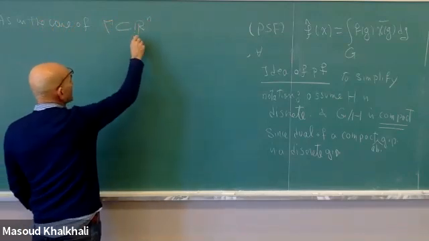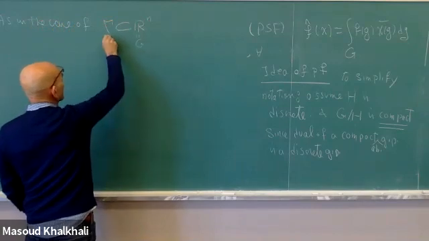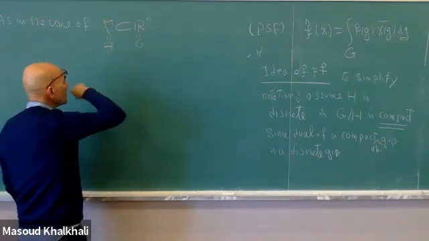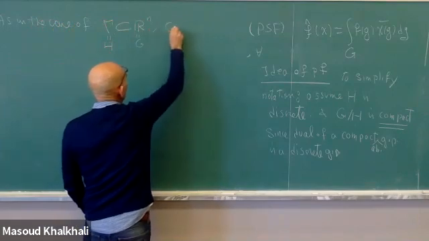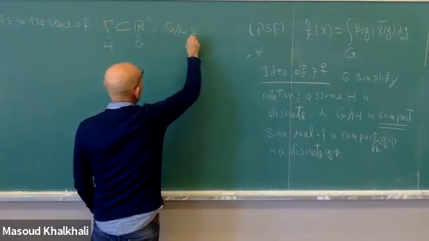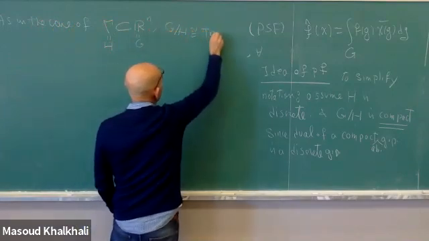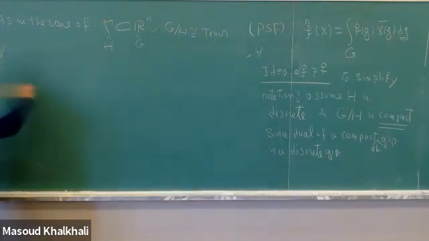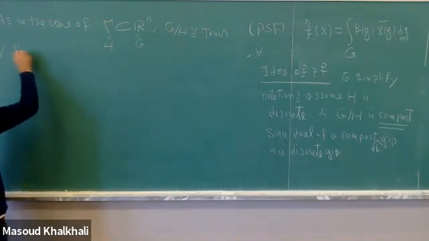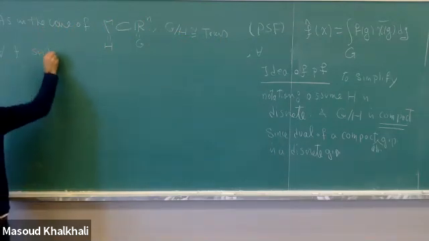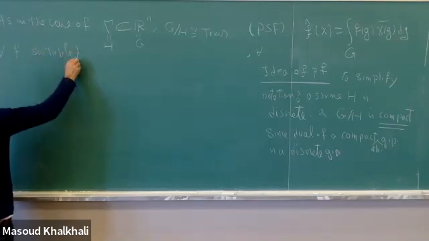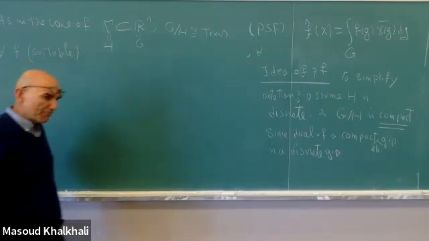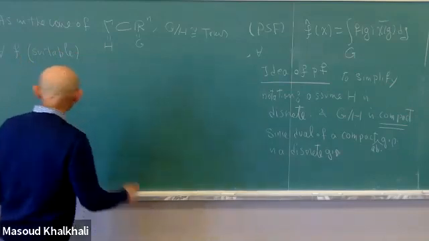So this was G, this was H, and G mod H, of course, is a torus. In general now, for any suitable f, let us define an operator.